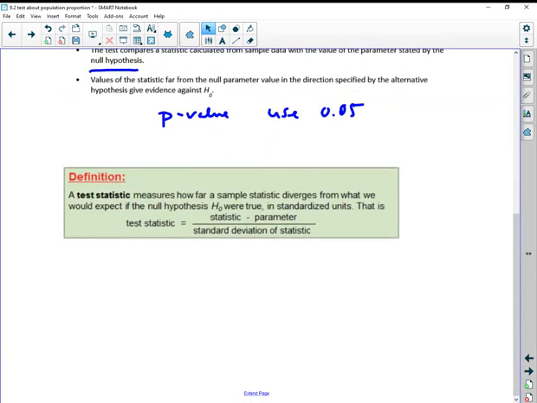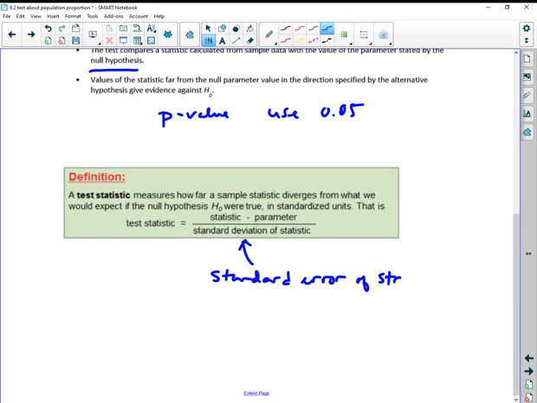Okay, on your formula sheet right now, the new formula sheet, they call this the standard error, but that's just because you don't always have a population value, a parameter, to use.